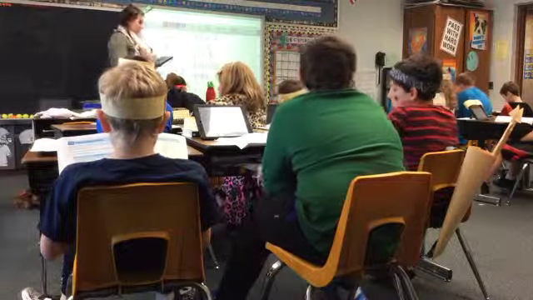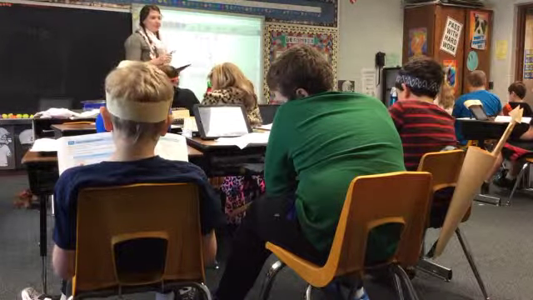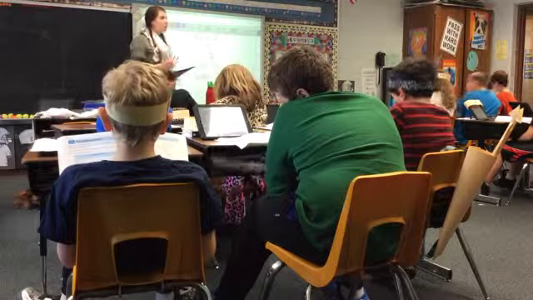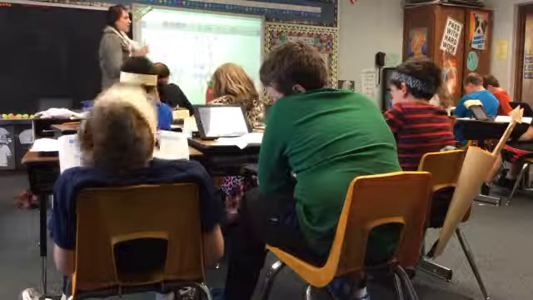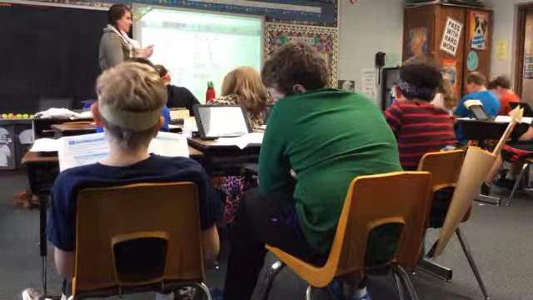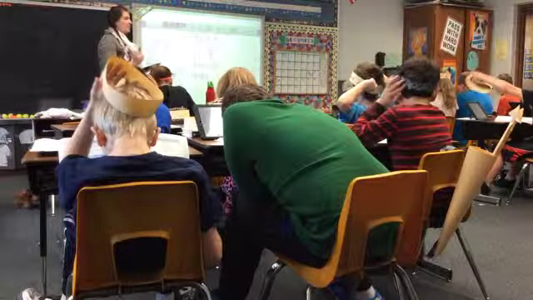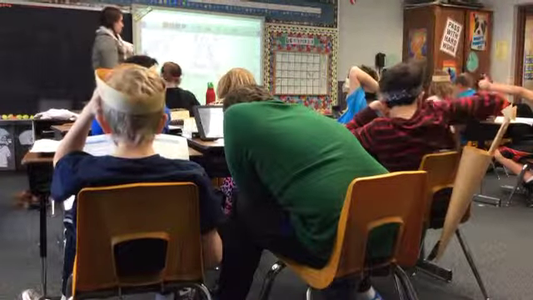Now we have to figure out the total number of cubes that could fit in box 2, or our volume. So, what would be our volume for box 2? Remember, we're going to take our base and multiply it by our height. 280, very good. Thumbs up if you got 280 for the volume in box 2. Nice job. I saw a lot of good answers when I was walking around.